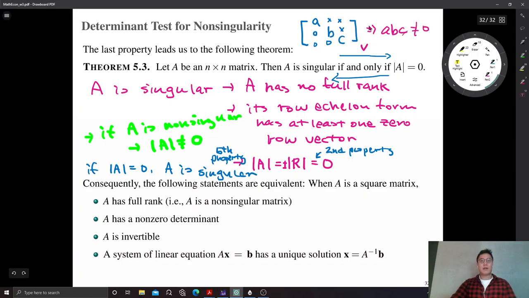The original matrix and this row echelon form have the same determinant by the last property of determinant. So we just proved that if A is non-singular, then its determinant should be a non-zero number.